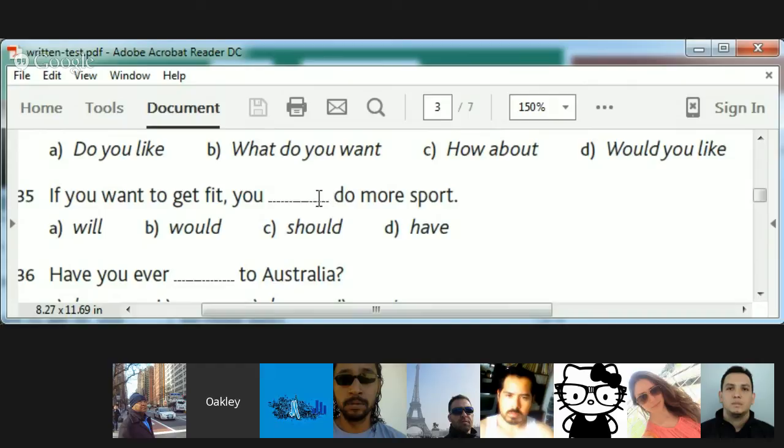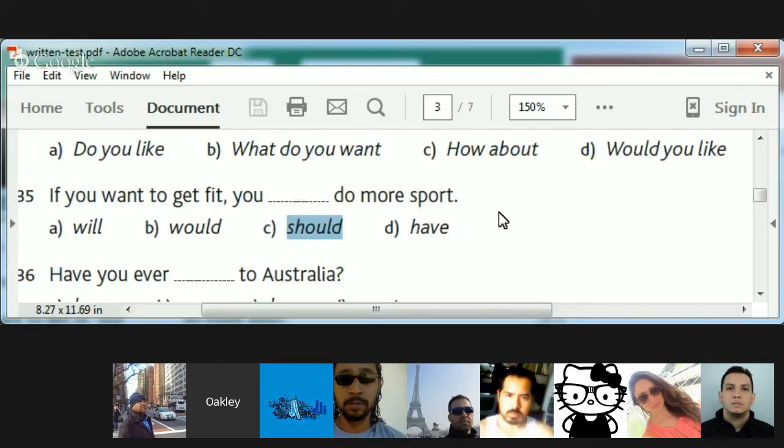Oh, I see what you're saying. If you use I, the zero conditional, actually, is: if I want to get fit, I do more sport. Like that. That makes sense, because we're using "you" as the general you, anybody out there, as the subject, and this is obviously advice.